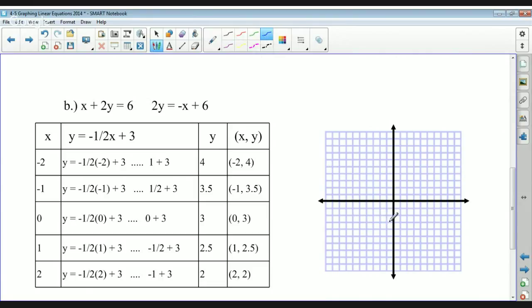So if I come over to the graph, I'm going to do the same thing without making my marks. There's 1, 2, 1, 2, 3. There's 4. Mark it with a blue dot. -1 and 3.5 is right here. 0 and 3 takes us to this point here.